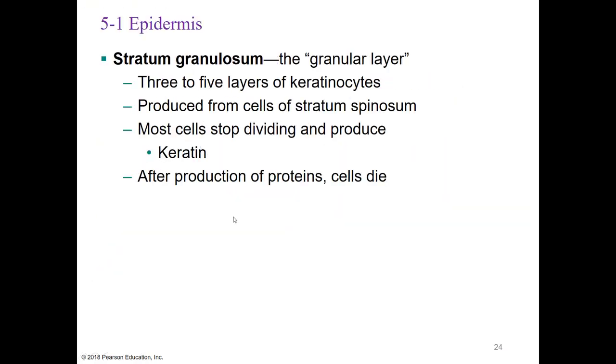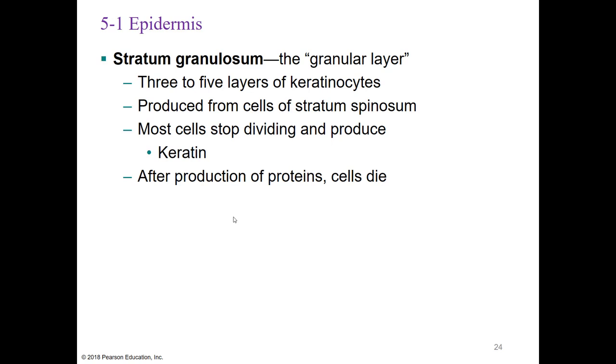So this is the granular layer. It contains 3 to 5 layers of keratinocytes, which are produced from the cells of the spinosum. So we're going up, we're on top of the spinosum now. Most of these cells will stop dividing and begin to produce keratin, which is again our water-resistant protein. After these cells produce protein, the cells begin to die.